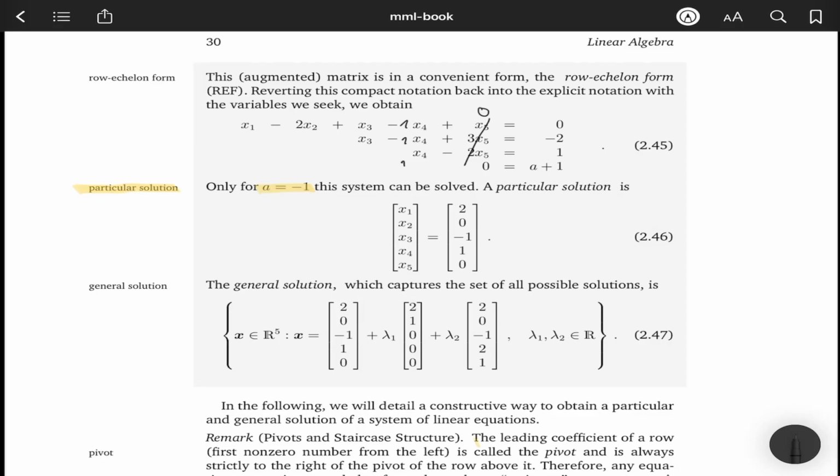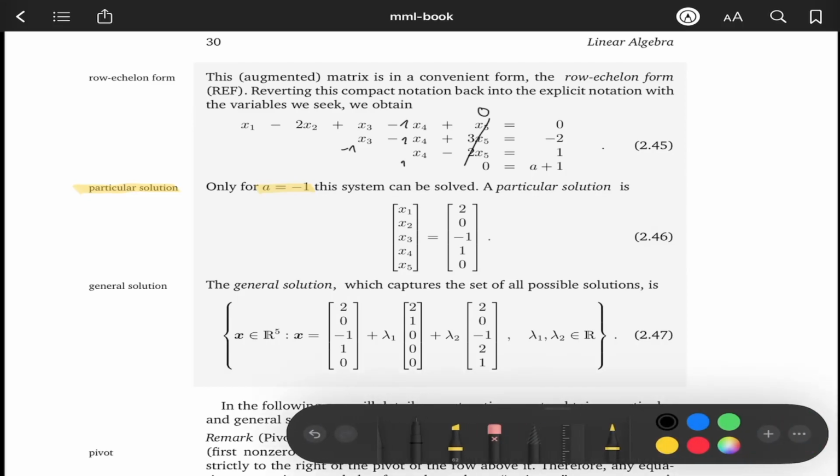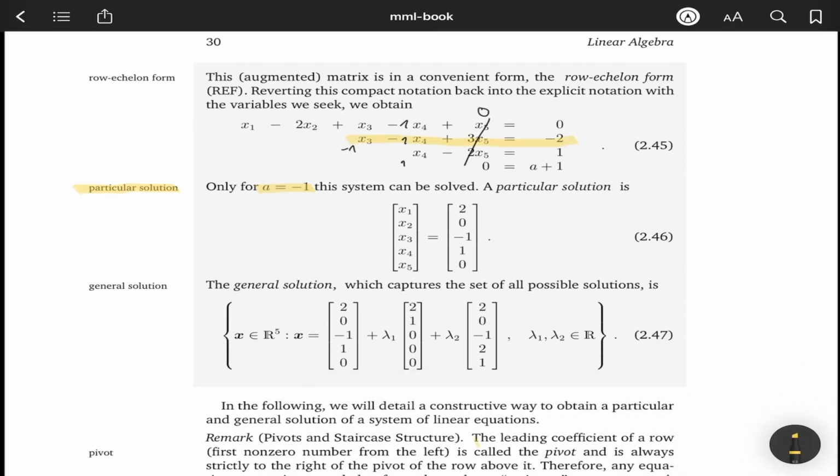Then we know that x3 has to be -1 because there's no other way. I'm in this row. If x4 is 1, then you have x3 - 1 equals -2. So only if x3 is -1, this equation would be true.